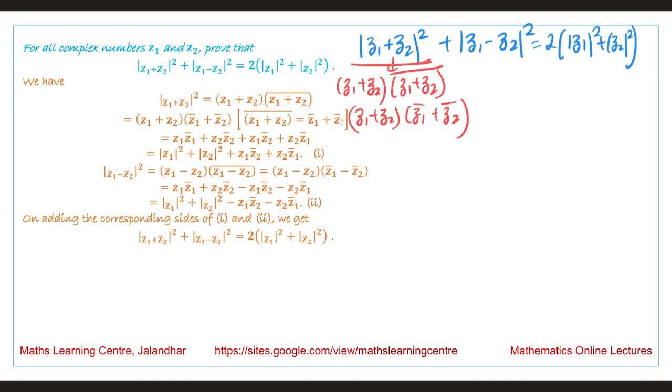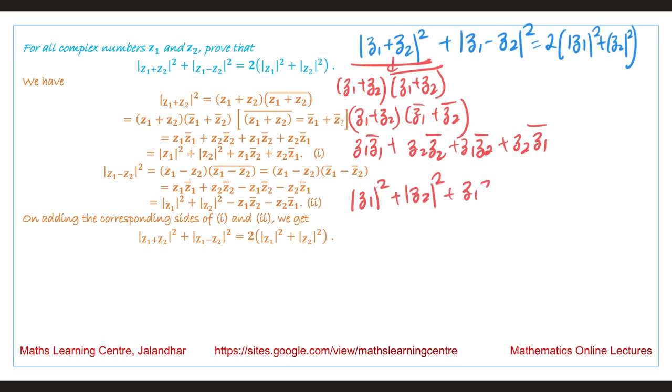If we multiply these terms, we will obtain z1 z1 conjugate plus z1 z2 conjugate plus z2 z2 conjugate plus z2 z1 conjugate. So this value is equivalent to mod of z1 square plus mod of z2 square plus z1 z2 bar plus z2 z1 bar.